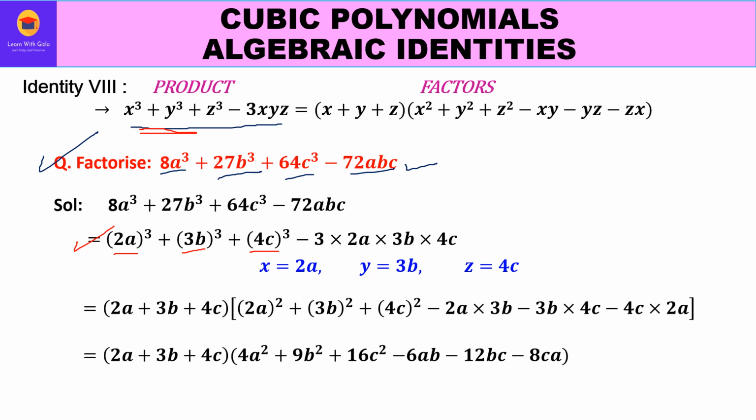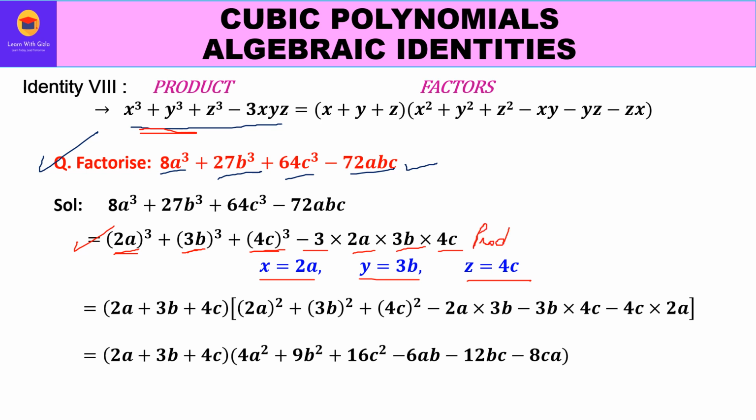Further it says minus 3xyz. What is your x? Clearly x is your 2a. So 3 into 2a, y is your 3b, and z is your 4c, so into 4c. So over here we have taken x as 2a, y as 3b and z as 4c.